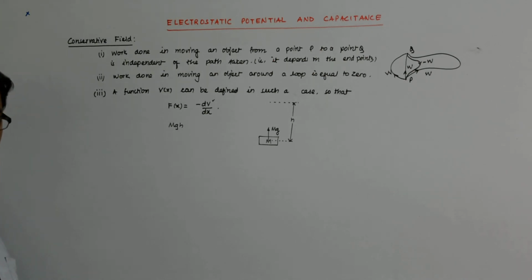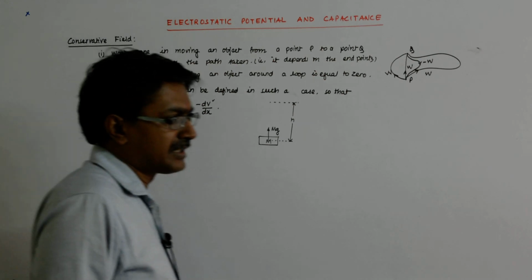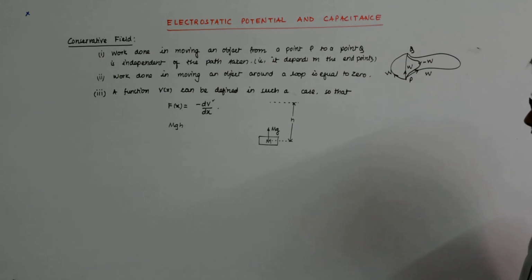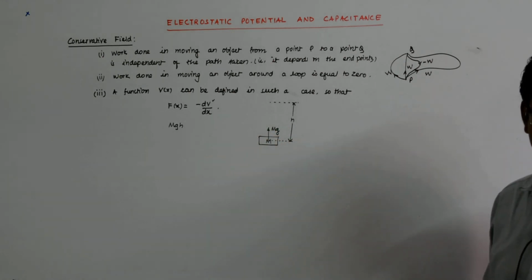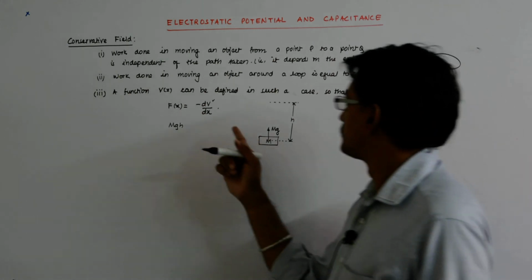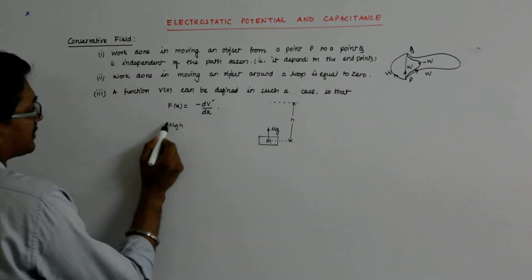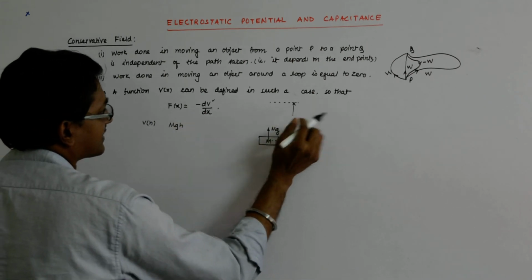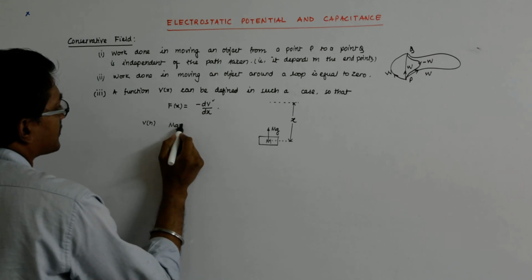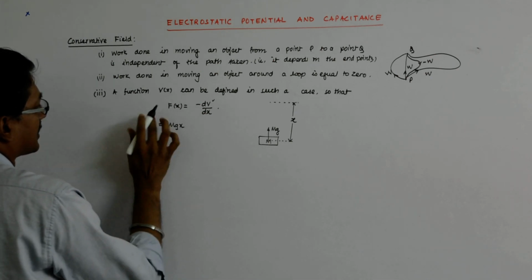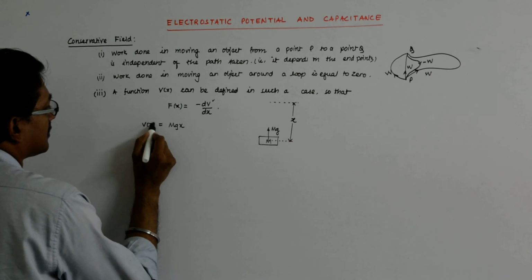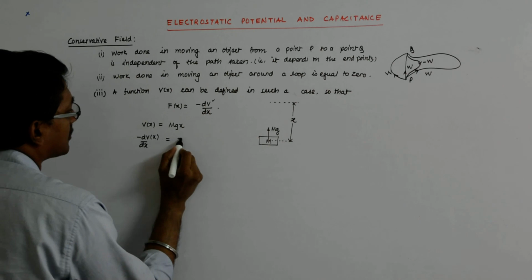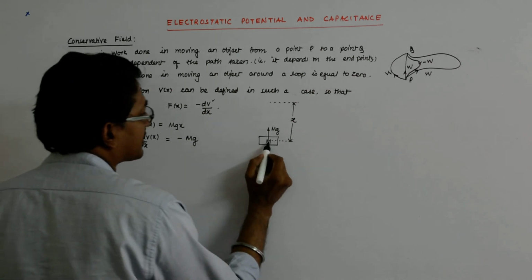This is the potential energy of the system, in the sense that we can define a function such that minus dV upon dx is equal to the force applied. So if I move a distance, say x, then this is mgx, so that this becomes a function of x. Now minus d/dx of V is equal to minus mg. And what is minus mg?